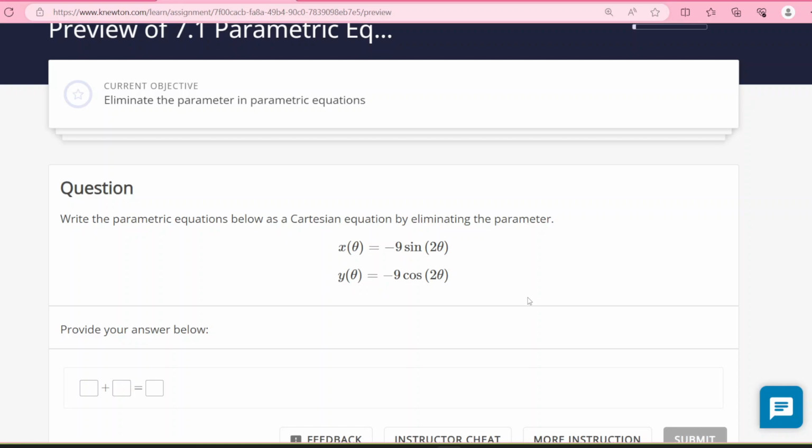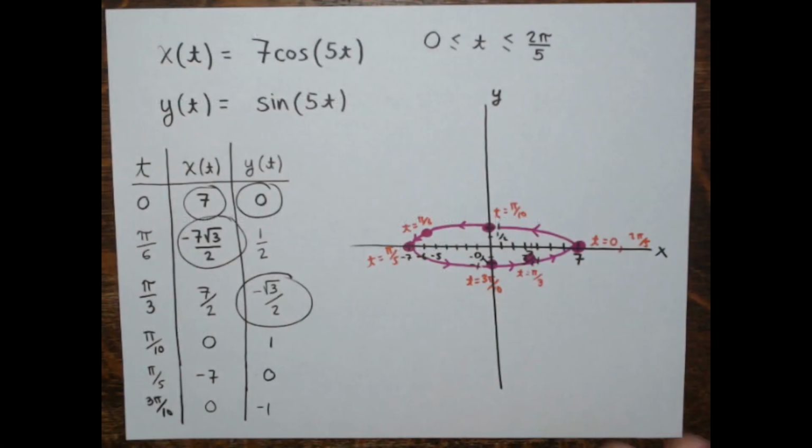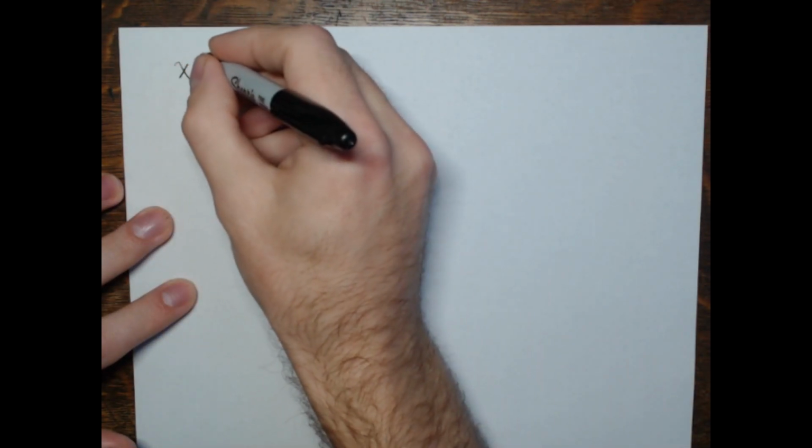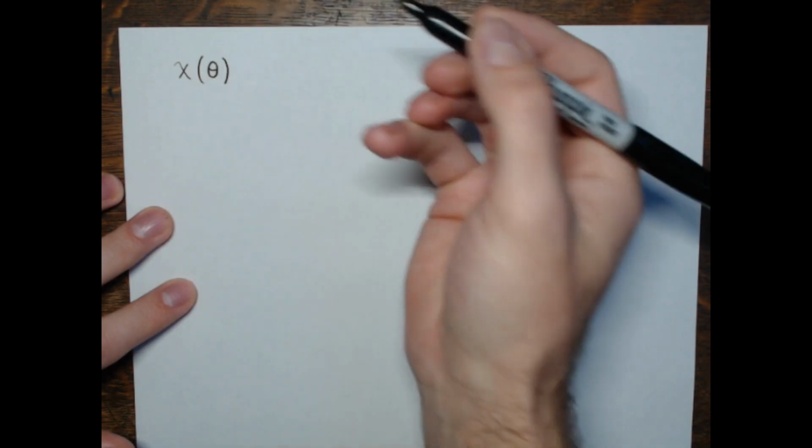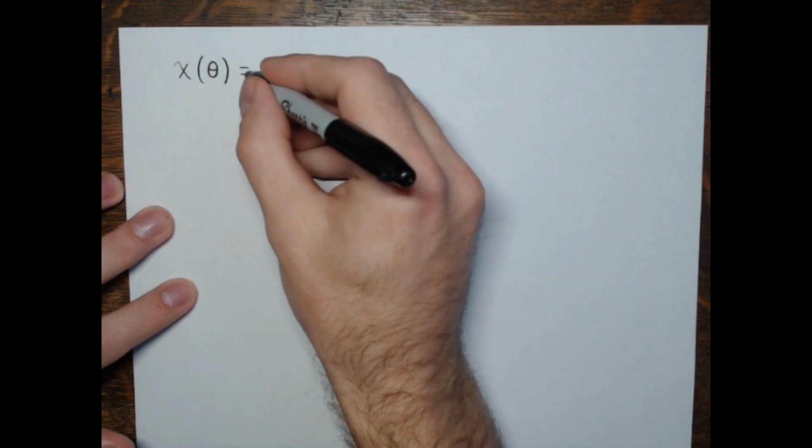Okay. So here are the parametric equations we are given. And it's just like the last example where one of them involves a cosine, the other one involves a sine. So x depends on this parameter called theta this time. Again, you can call it t if you want.